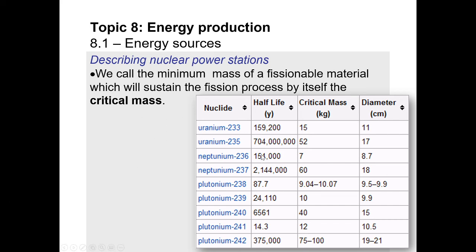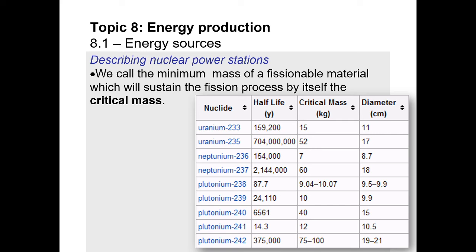If you notice on this table, we've got different nuclides here. All of these nuclides are used in nuclear reactors. So you have uranium-235 here near the top. You can also have uranium-233, neptunium-236, all the way down to plutonium-242, and all their various critical masses here. So it looks like we need 52 kilograms of uranium-235 to initiate the nuclear reaction.